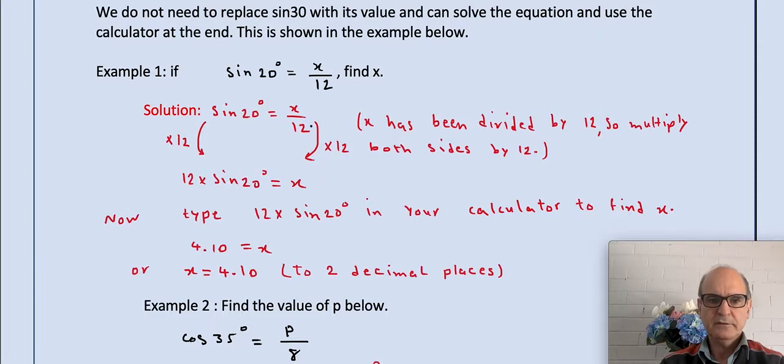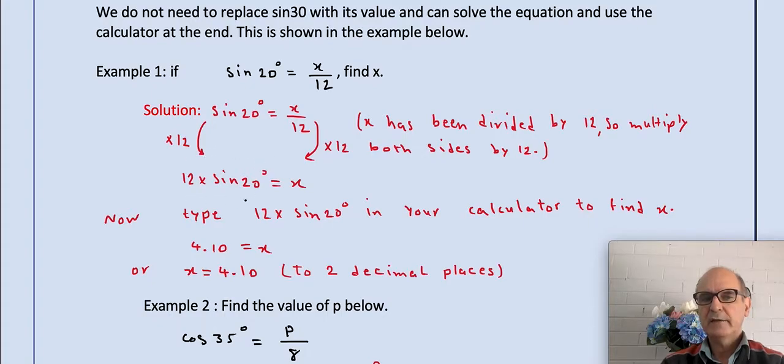The purpose is to get rid of that 12, but you've got to times the other side also by 12. So when you times this side by 12, you get 12 times sine 20. And here 12 and 12 cancel out, you get x. Now your x is 12 times sine 20, and I can just put the whole thing in my calculator and get the answer.